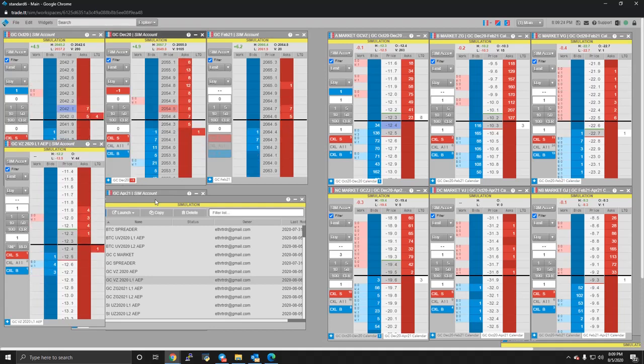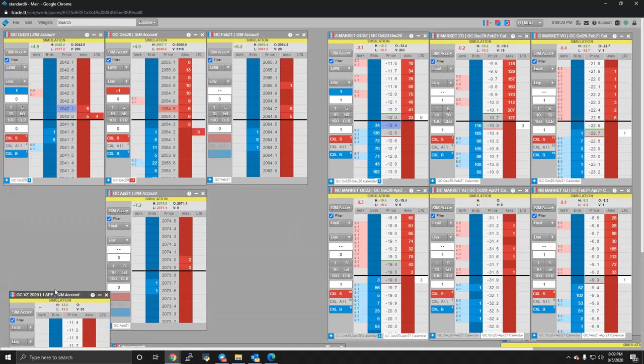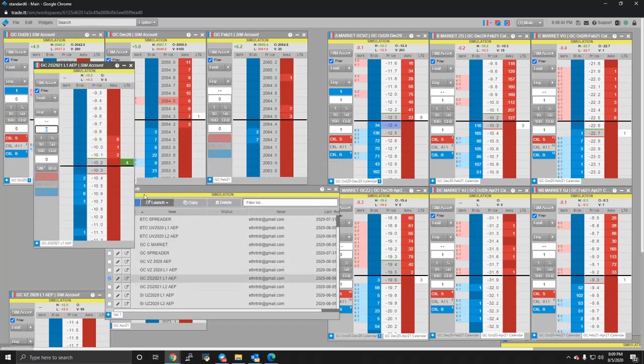So now I'm working, if you look here, bids and offers in October, December. I'm working bids and offers in all the calendar spreads down the curve. And now I can also bring in Feb 2021 into this, and I can start to bid and offer, let's work at minus 10.6 and minus 9.7.